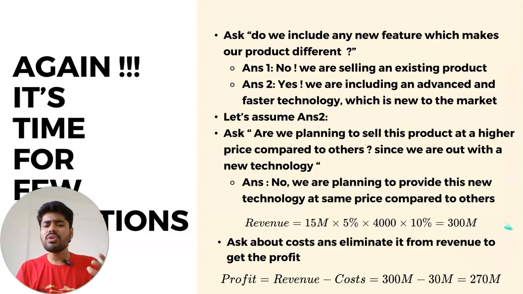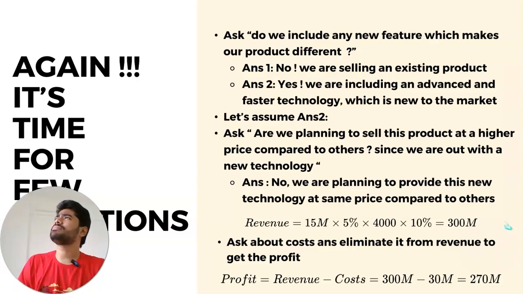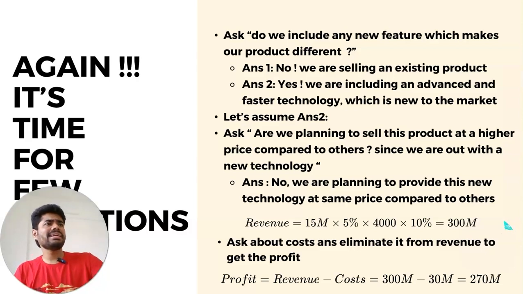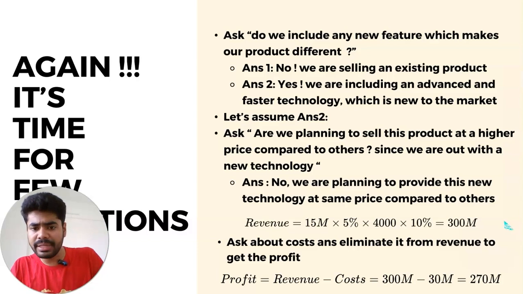And if the answer is no, we are providing this new technology at the same price that others are providing. Why? Because people will come to our product, seeing that they get XY technology at the same price as in the other company, so let's buy this product. This is also one of the good strategy tactics implemented by companies, right?